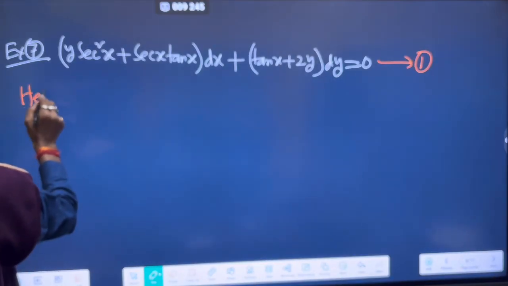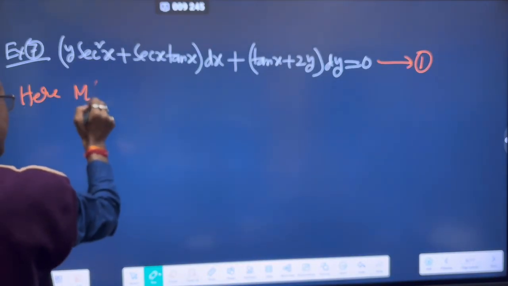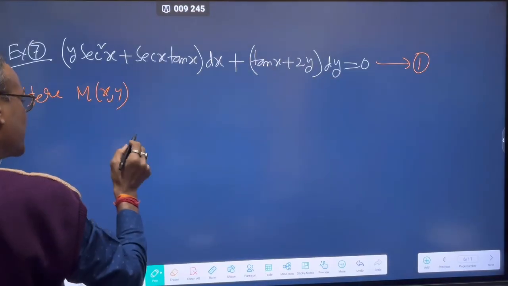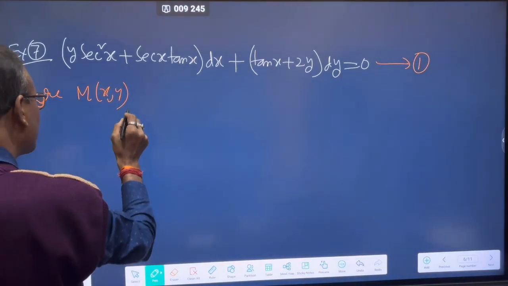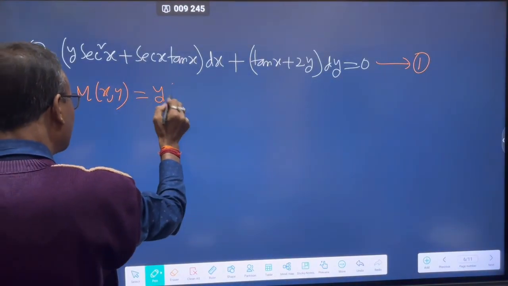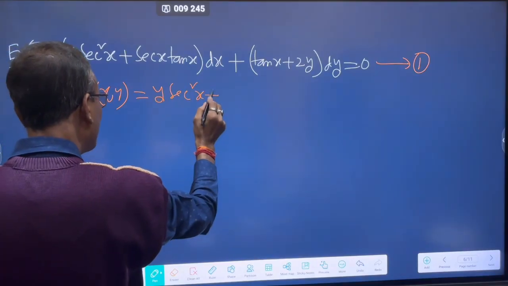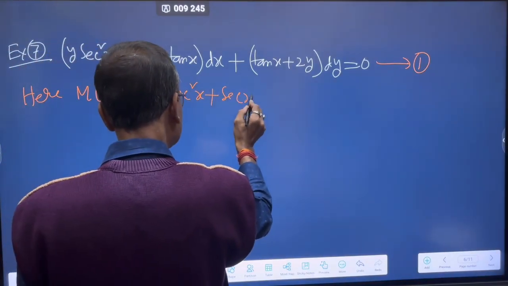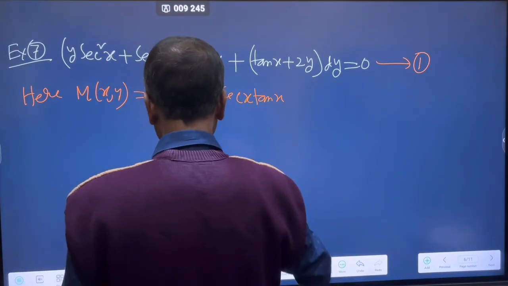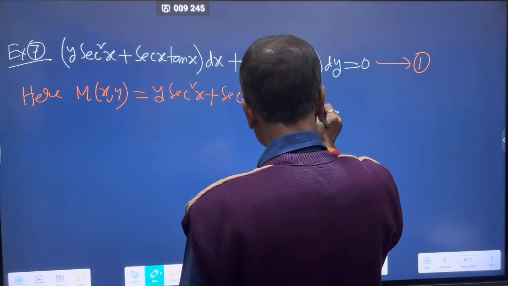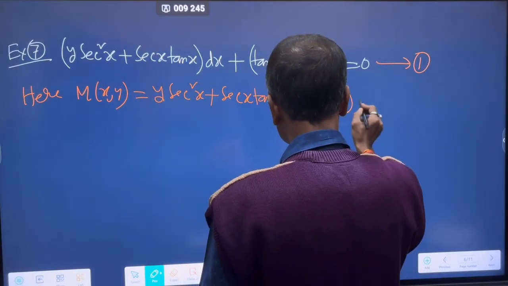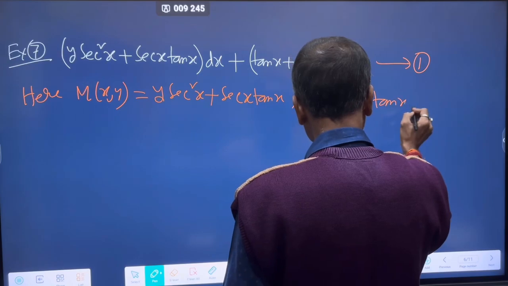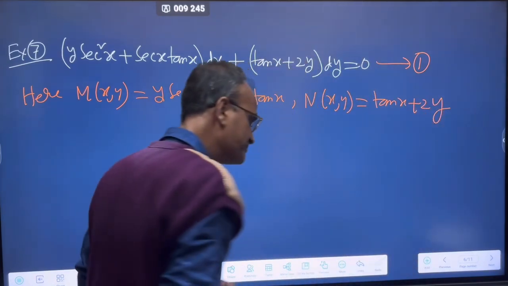Comparing this with M dx plus N dy equal to 0, here M is equal to y sec square x plus sec x tan x, and N is equal to tan x plus twice y.